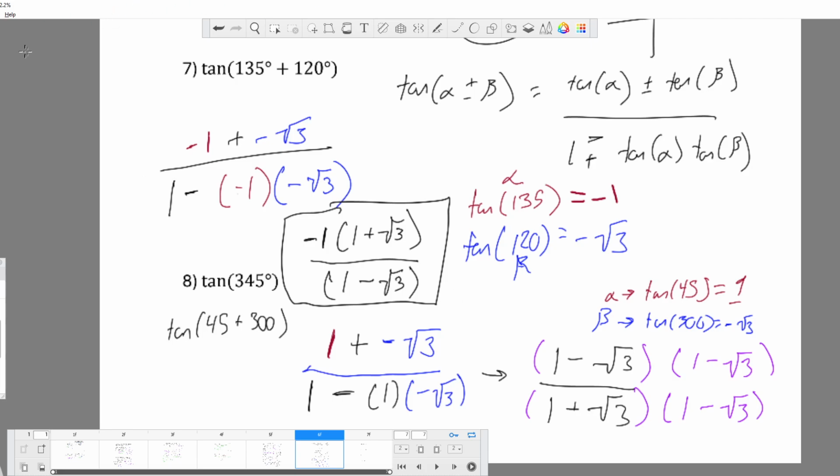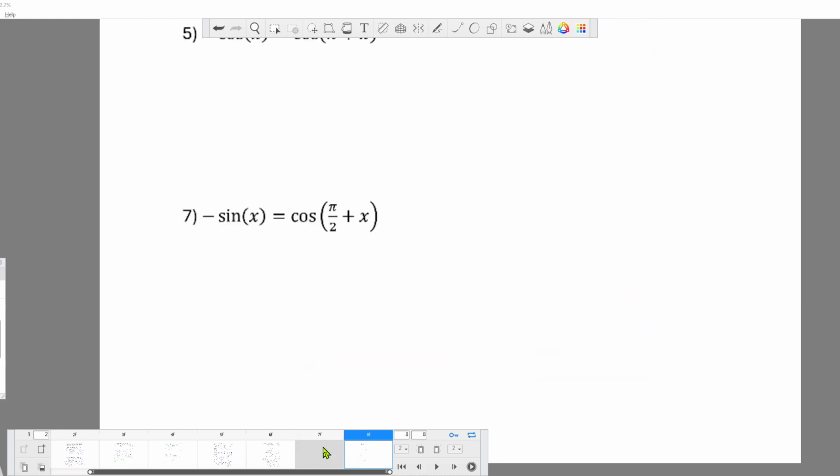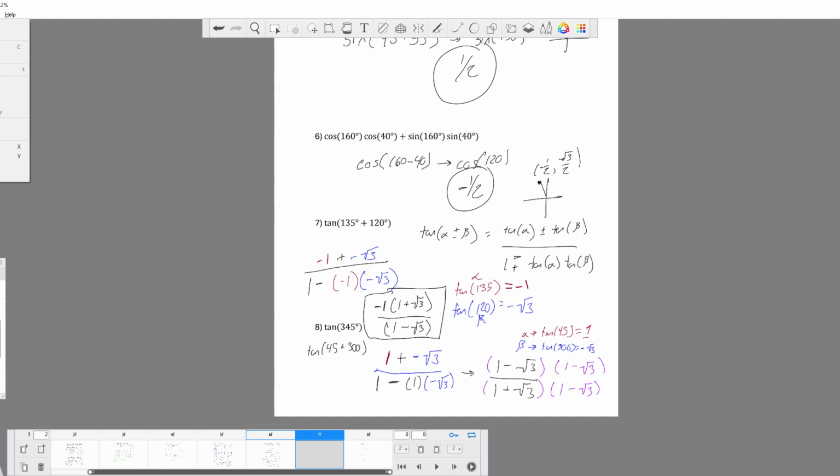I think I need to go to a new page here to work through this. I forgot how to increase the page size here. Well, we'll just jump over to MS Paint.